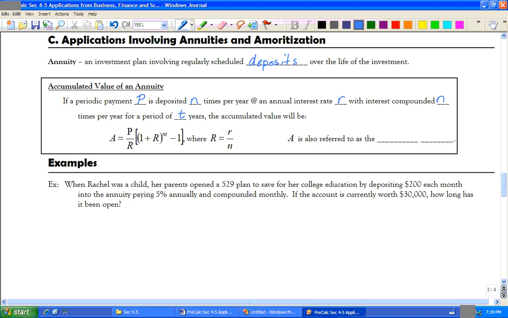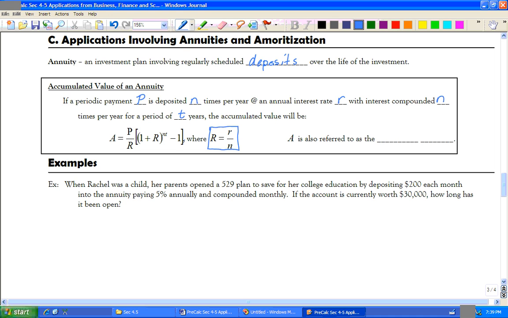Our accumulated value is equal to the periodic payments, so how much you're putting in over a period of time, over a value of R, and R is equal to that ratio of our interest rate over the number of times that it's compounded. Now that's being multiplied by 1 plus that ratio of R over N raised to the N times T power minus 1.